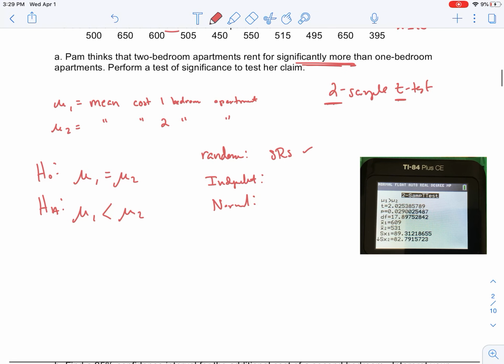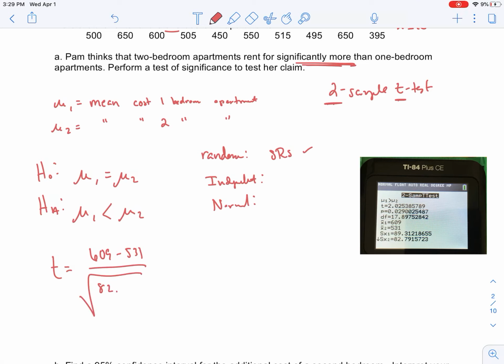Okay, I'm doing my mechanics. This way. I would type these in as lists in my calculator, and it would tell me all these numbers.